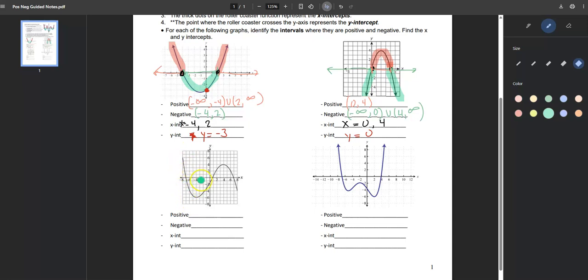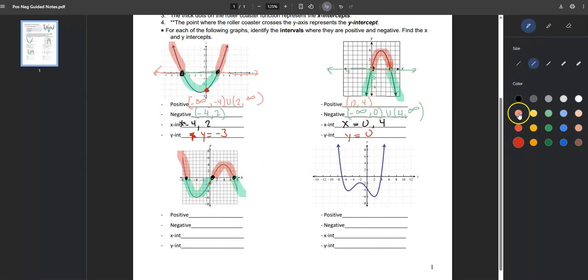My positive sections on this next one, just practice a little bit more here and here. And then my negative sections are here and here. And on are these three spots. And then I have the y that is right about there as well.